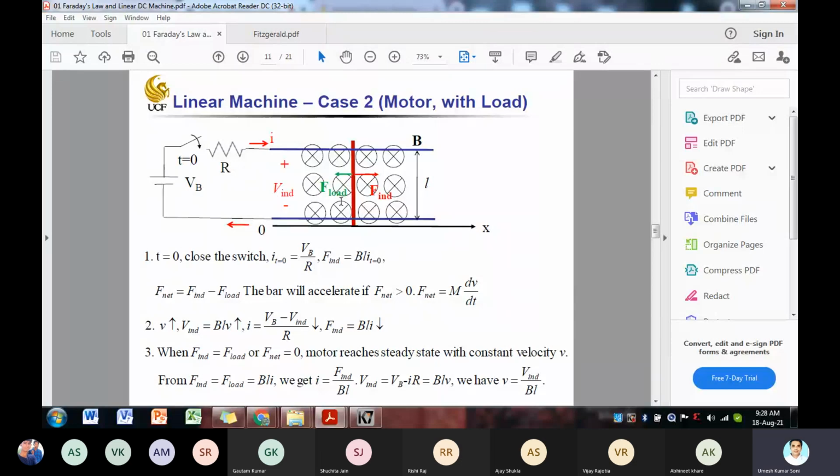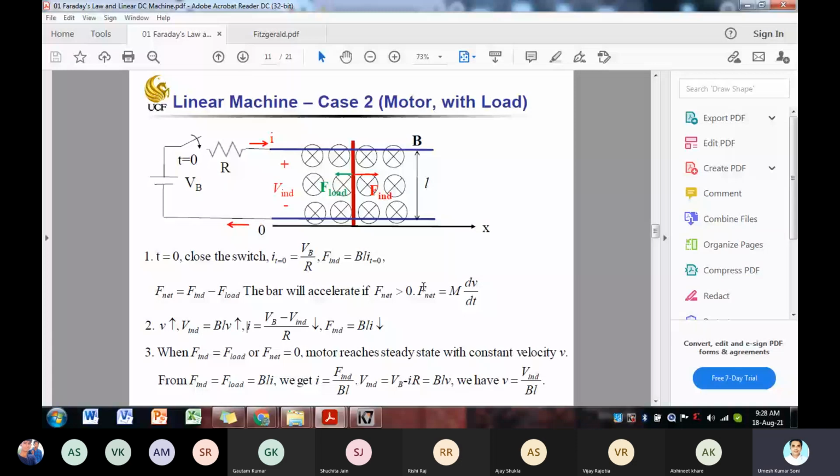After the acceleration the induced EMF increases and the current reduces. F induced is also reducing after that. So a condition will come, in this oscillation, when F load is equal to F induced, meaning F net will be 0.